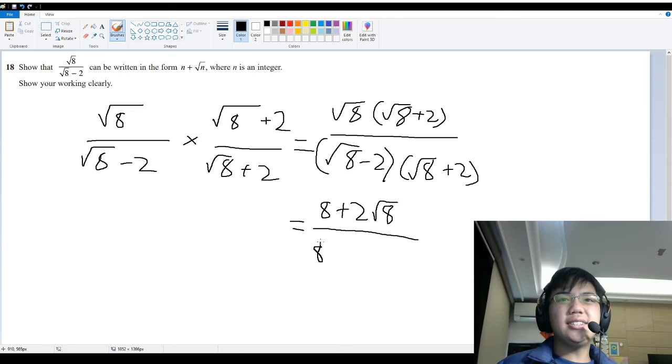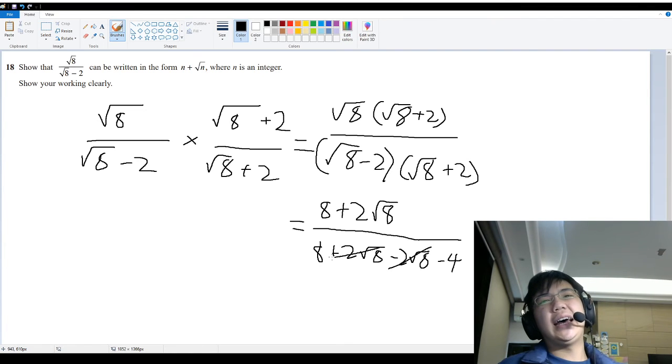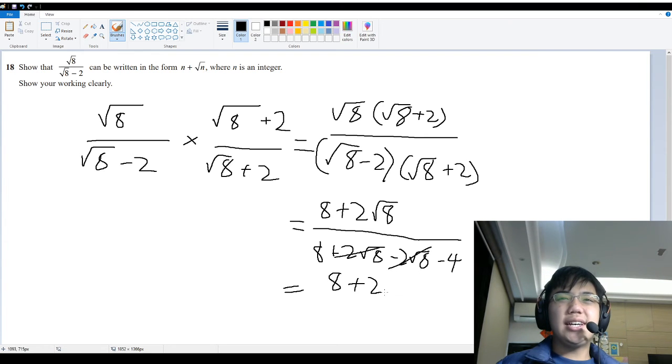And for the denominator we have 8 plus 2 square root 8 minus 2 square root 8 minus 4. And we can cancel out the square roots because they add and subtract, so they basically amount to 0. So what this can be written as is 8 plus 2 root 8 over 4, as 8 minus 4 is 4.